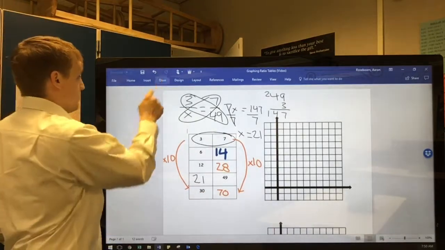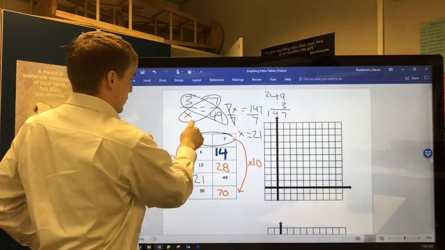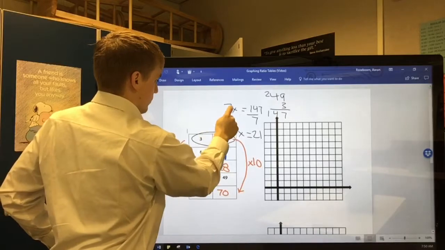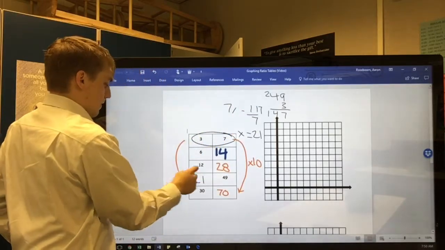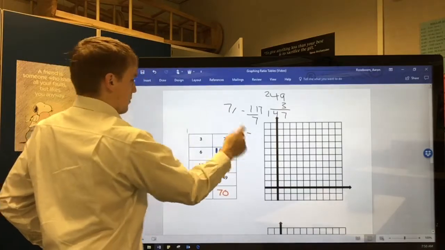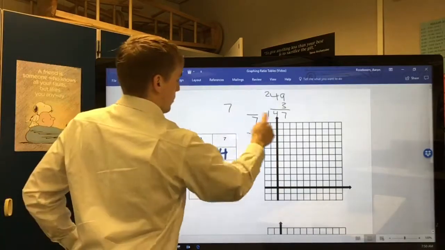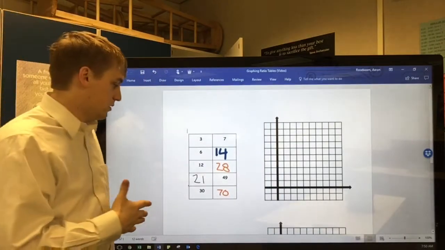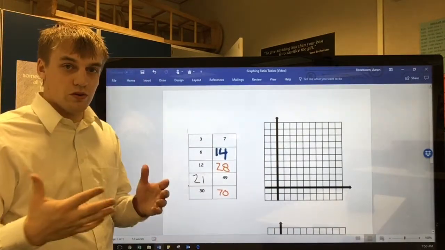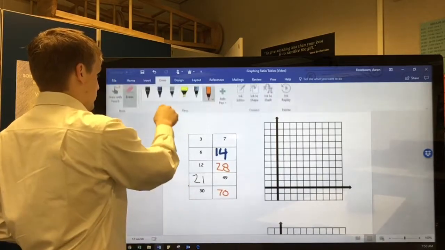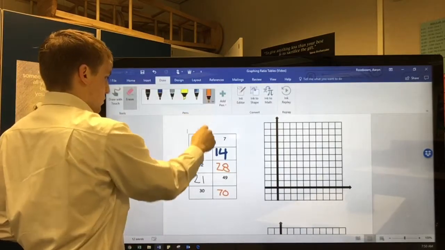Okay, now how do I graph this? Let's erase some of this stuff here. Now that I have that erased, we're going to graph this. So the left side of the ratio table is always the x.